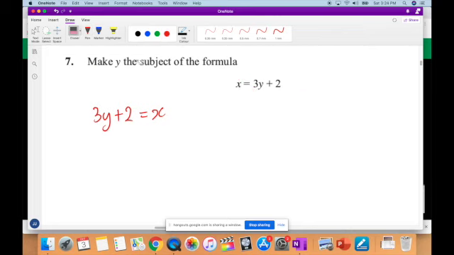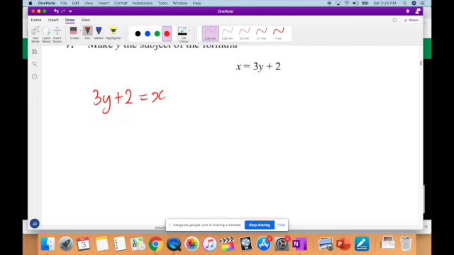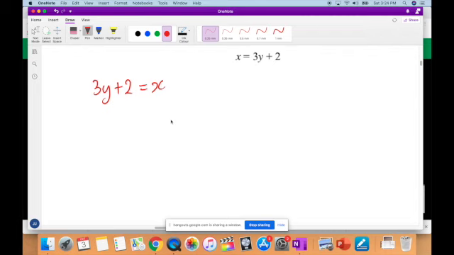But you notice I didn't change anything. All I did was flip it. It's really the same thing. So now I need to find what y is. I need to get y by itself, so I need to get rid of the 2 and I need to get rid of the 3.